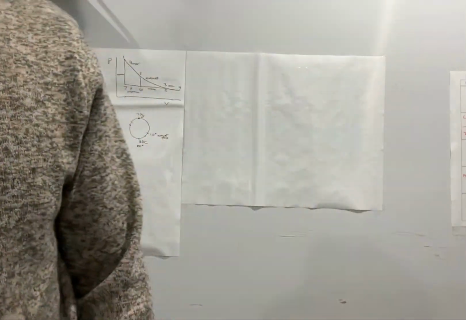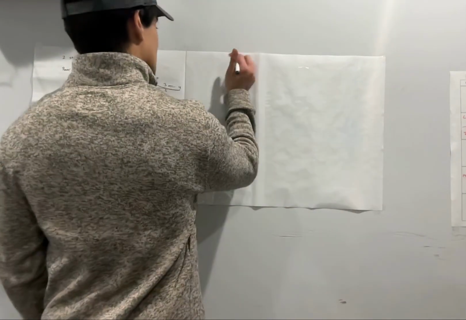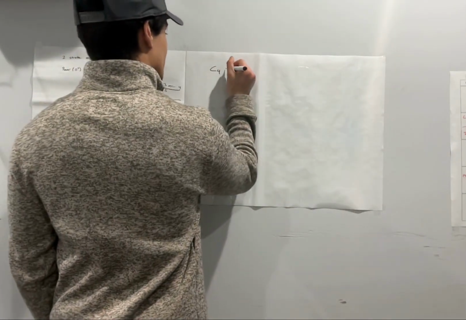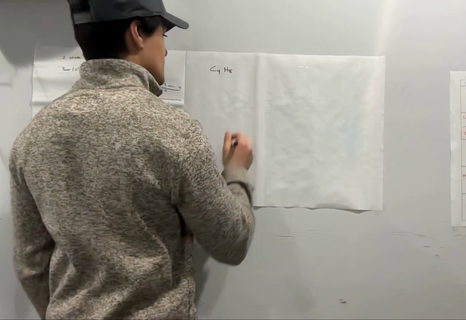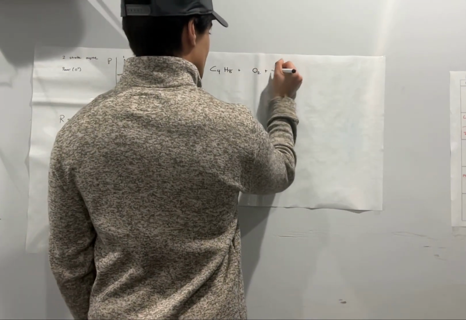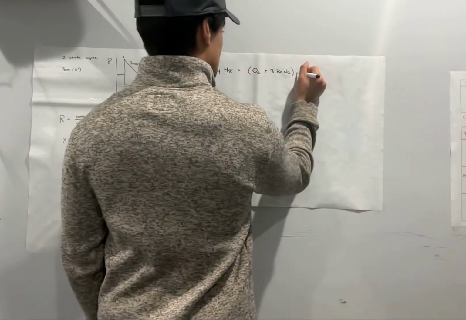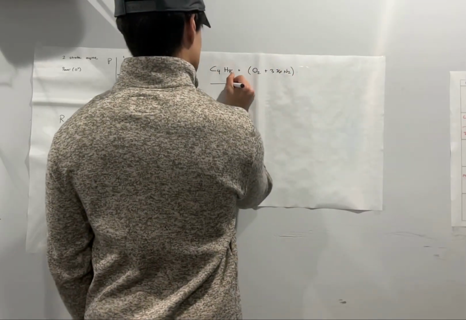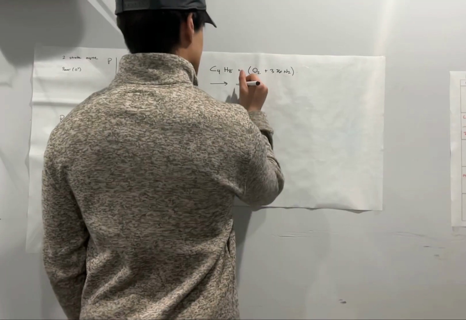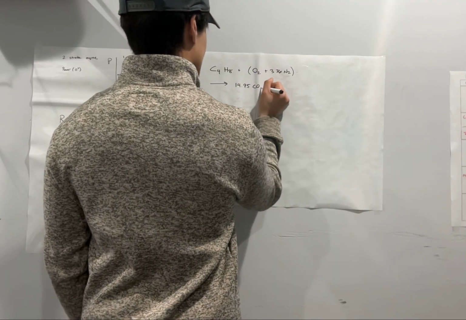So our fuel is C4H8. So I'll write that: C4H8 plus O2 plus 3.76 N2. This one's long, so I should just write it here. And then we know it's 14.95 CO2.